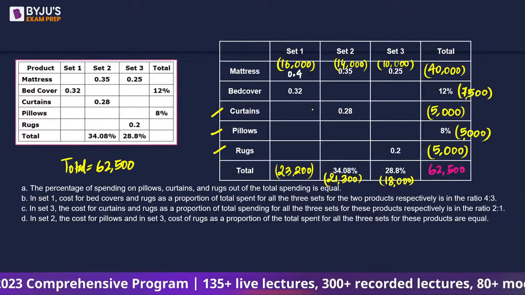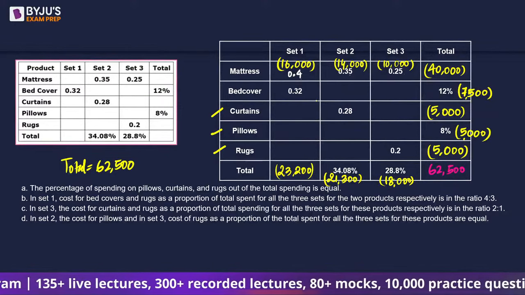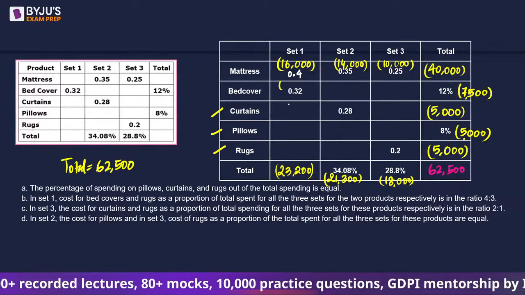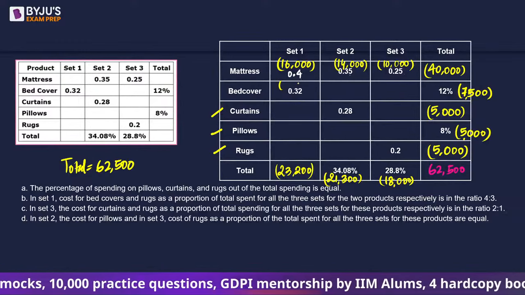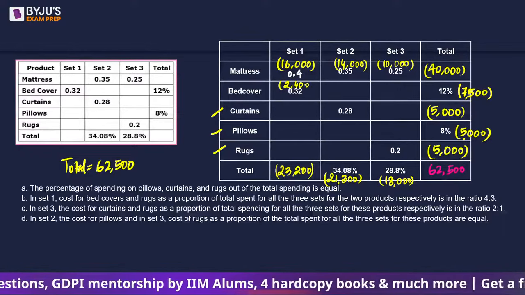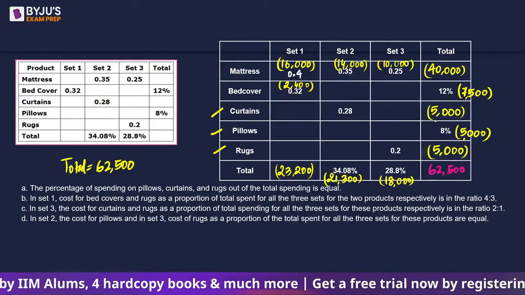Now 32% of 7,500 is going to be 32, 75, so 150, 300, 800, 2,400. So 2,400 is what this will be. We don't know the others. 28% of 5,000.